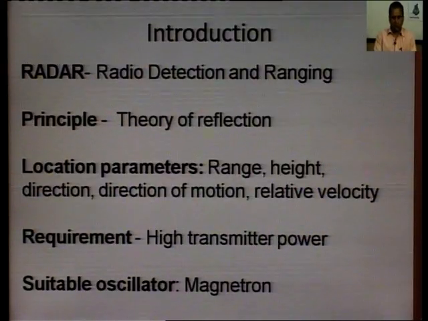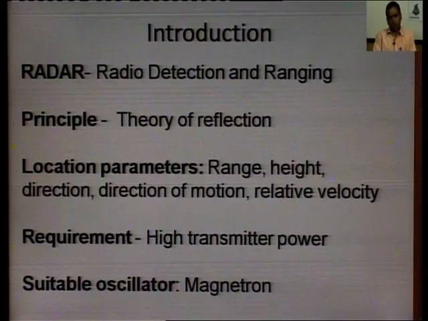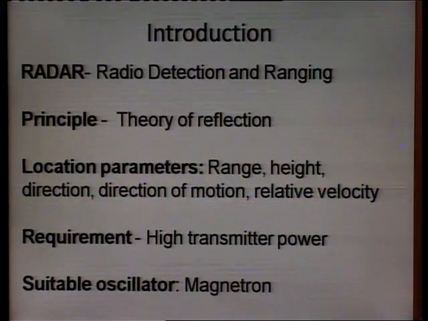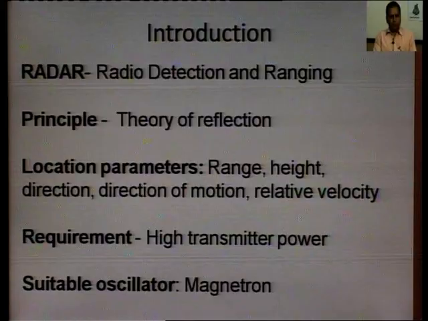We can find out the range of any object which is at a far off distance from the radar, then height, direction of motion, relative velocity. And the requirement is high transmitter power. A suitable oscillator for this is the magnetron. This is one of the oscillators which is used for generating microwaves.